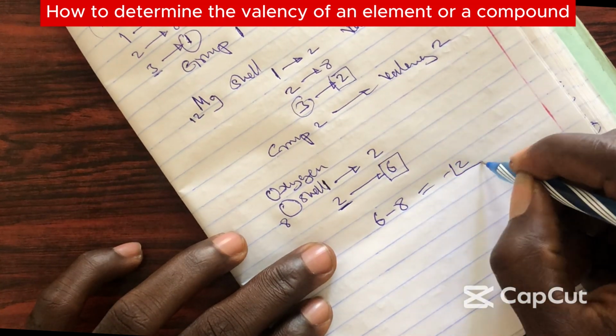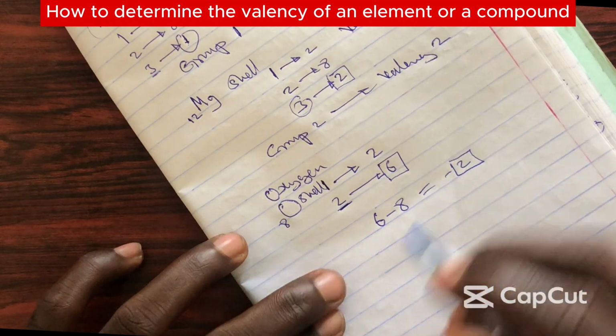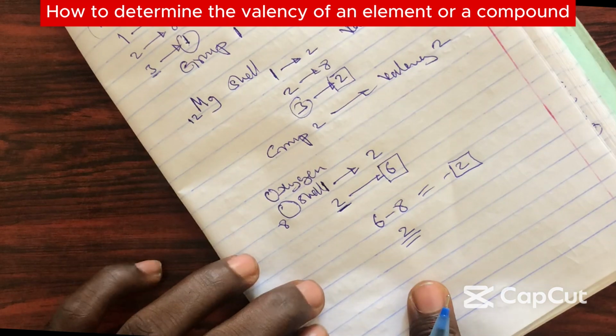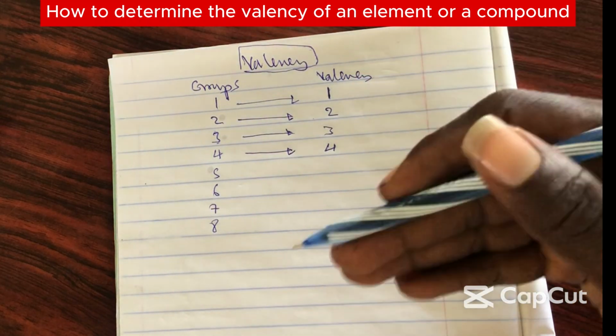Remember, valency does not have any charge, so we only take the 2, which means that the valency of oxygen is 2.